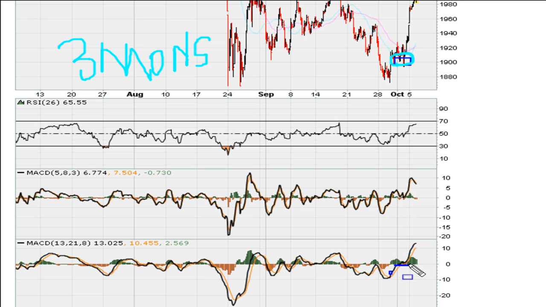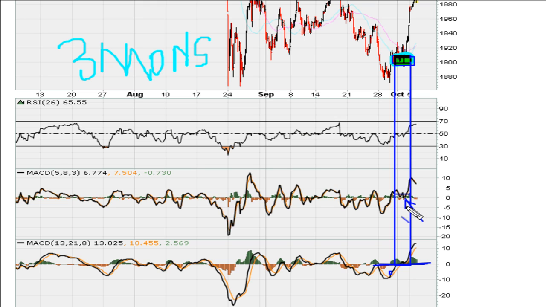The MACDs both were above zero right there, which corresponds with this period in the price somewhere around here at about 1900, and the stock market did go to record at least another 80 to 90 points on the S&P 500. So nice gain.